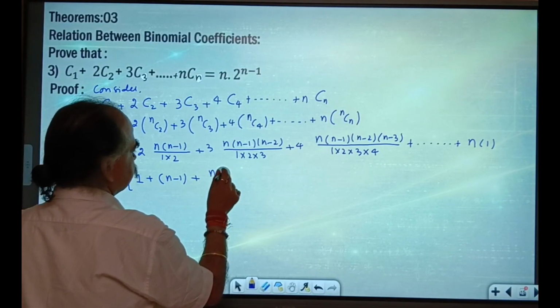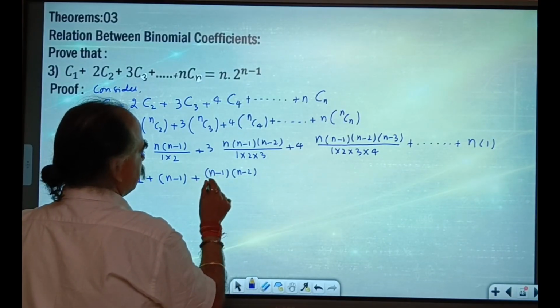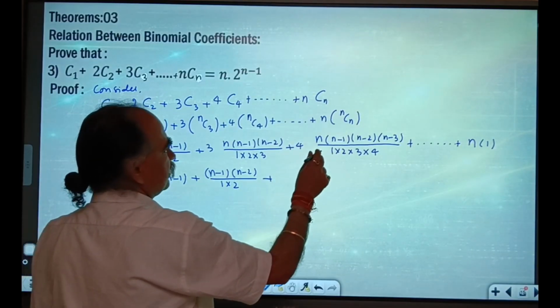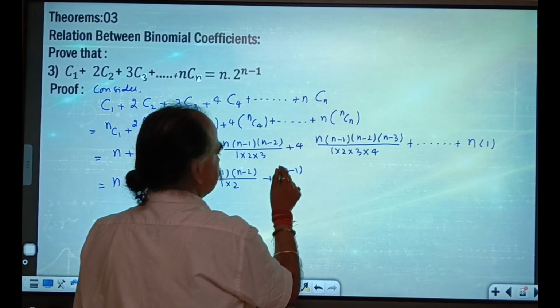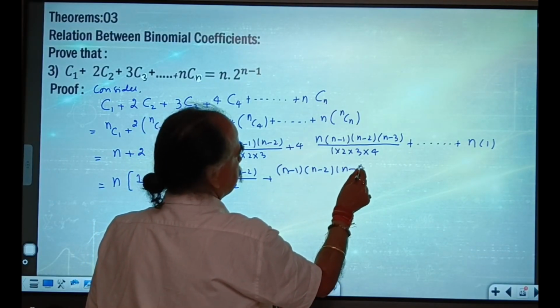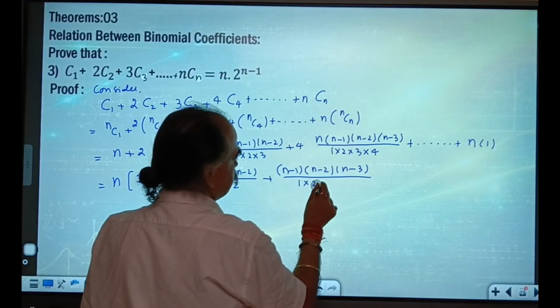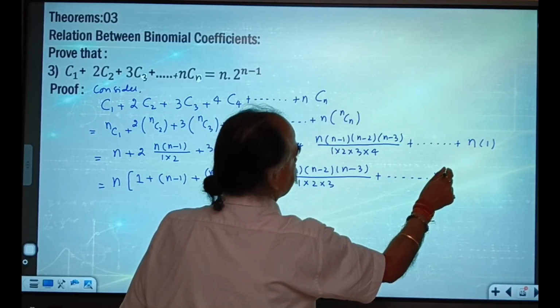What is left? n minus 1 into n minus 2 upon 1 into 2. Plus 4 will get cancelled, n taken out, so n minus 1, n minus 2, n minus 3 upon 1 into 2 into 3, plus 1.